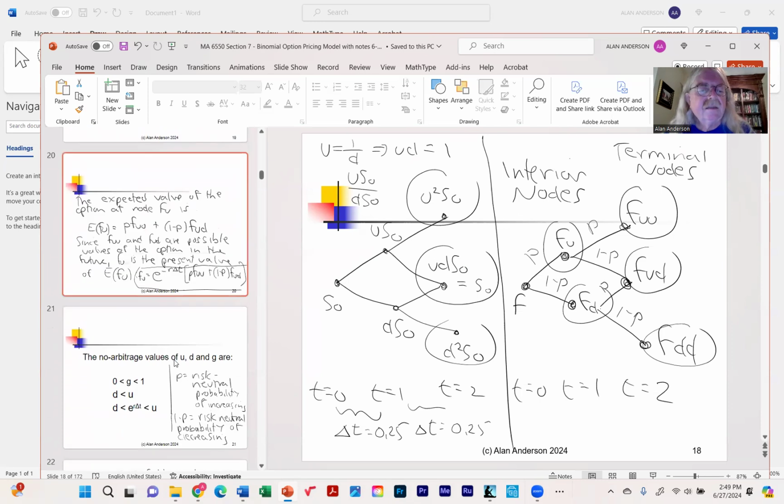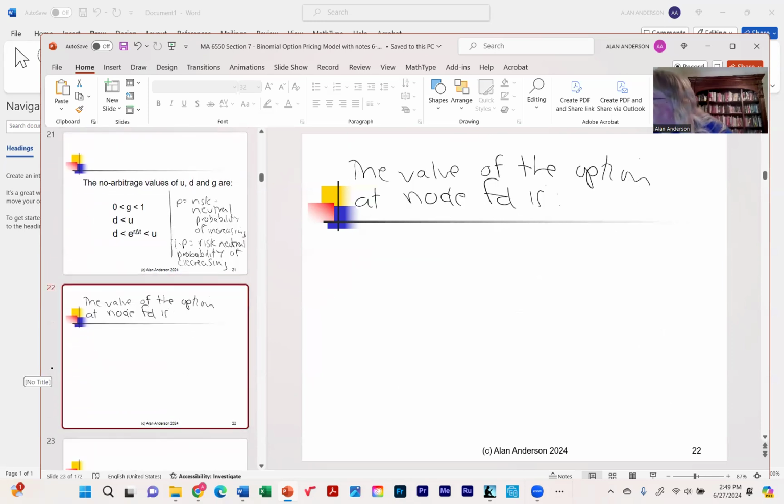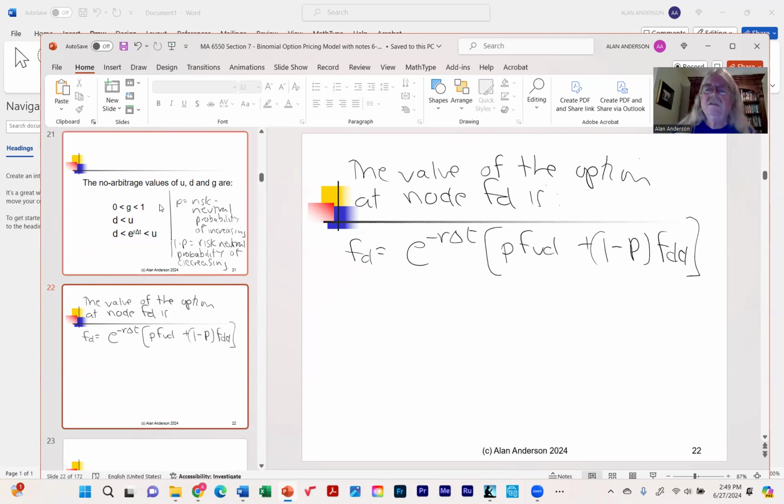So what we need then is the present value of the expectation from node FD. So we'll go up to FUD with probability P or down to FDD with probability 1 minus P, and we discount all that back to the present because these two nodes take place in the future.